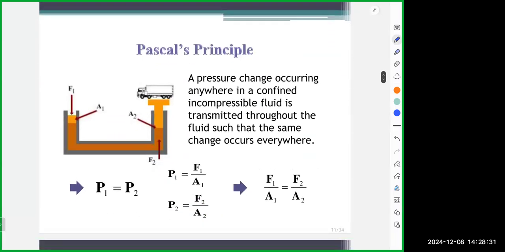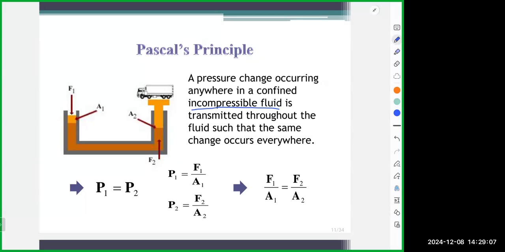And another one is about the Pascal principle. It's about the system of the pressure change. In this case, I would like to assume an incompressible fluid. Incompressible means that even if you push or pull the container or you exert forces on the system, the volume of fluid would be the same.